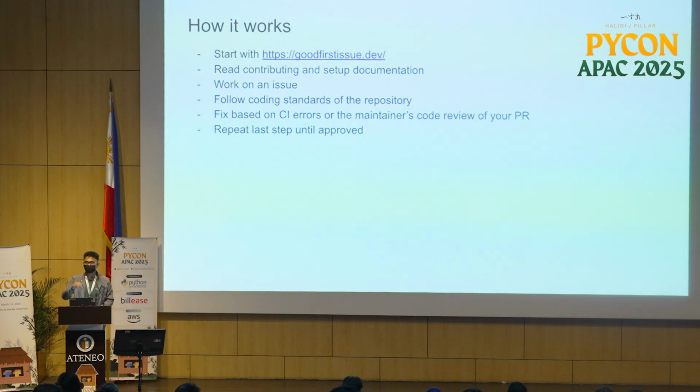And usually, once you open a PR in the repository, there would be CI unit tests that would validate your PR and your changes. What you want to do there is fix it if there are errors based on the CI. In this way, you wouldn't have to wait for a maintainer to review your code.